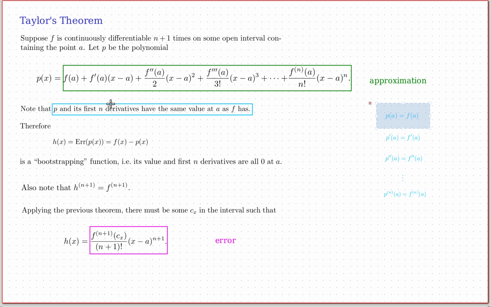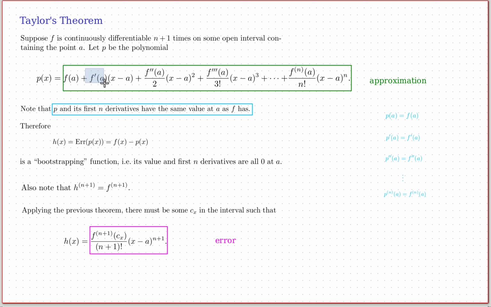What happens with the first derivative? If you take the first derivative of p, then the constant term disappears. The first order term loses the x minus a and just becomes f prime of a. All the higher order terms will lose one power, the power goes down by 1. But that means when you plug in a for x, all these higher order terms will go to 0 because x minus a will be 0.